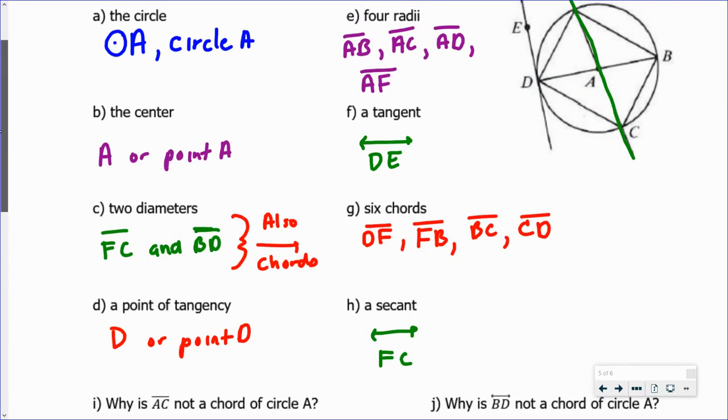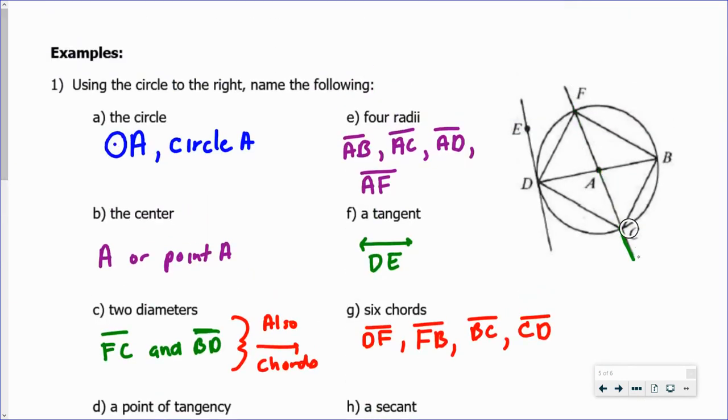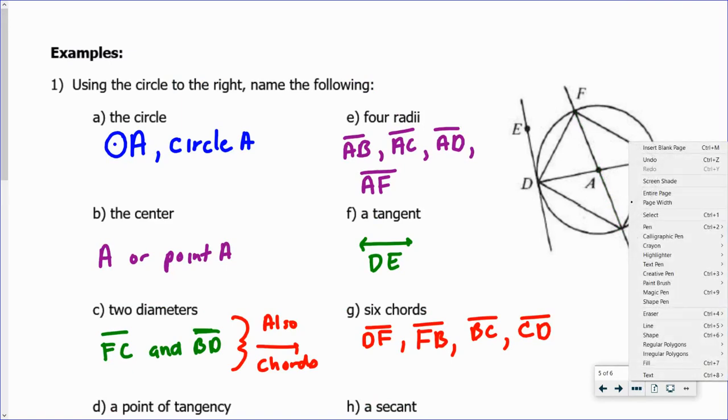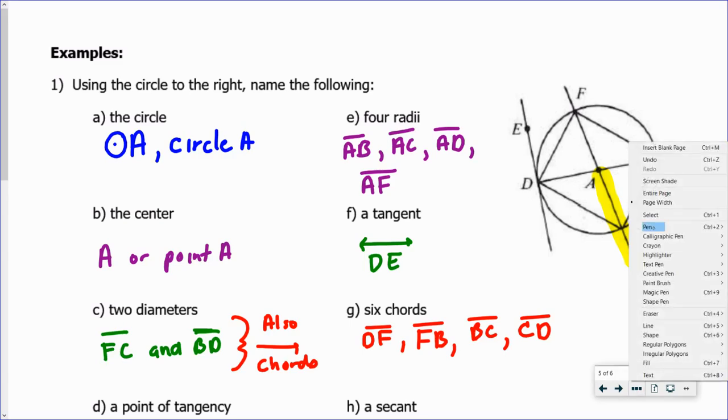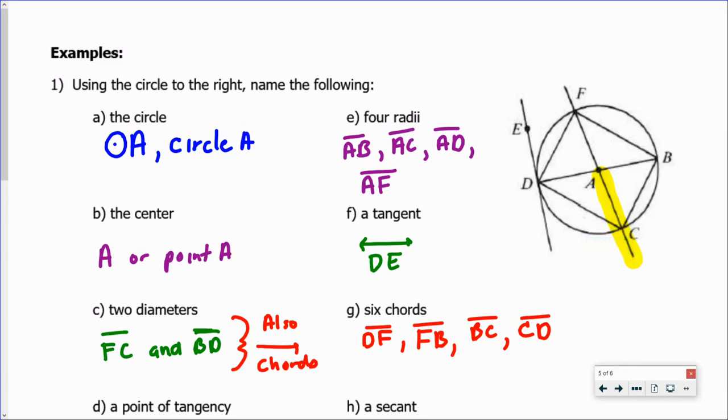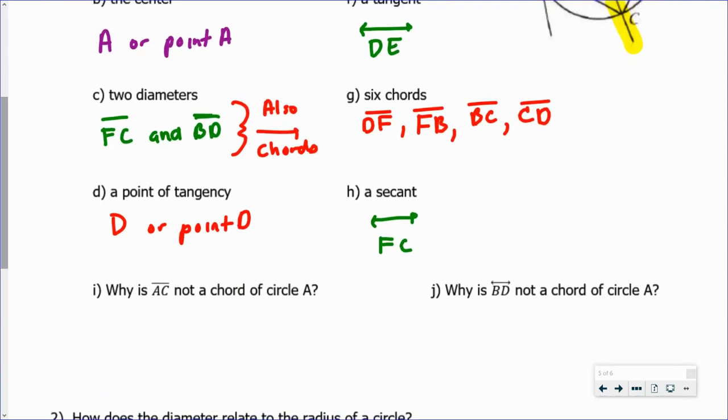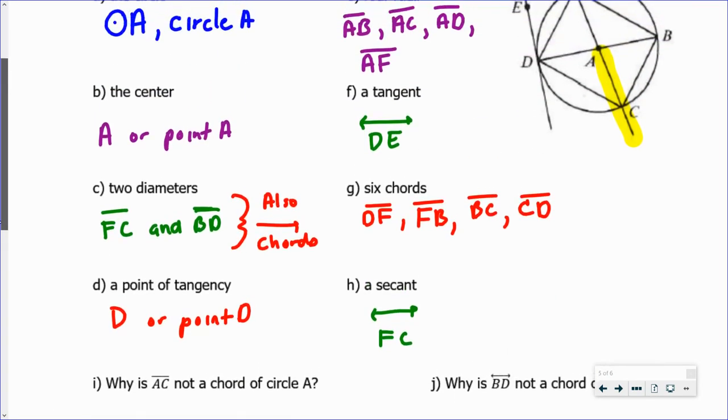Let me highlight AC real quick. Okay, so why is AC not a chord? Well, the answer lies in something that we've talked about already. Remember, a chord has to have 2 endpoints on the circle, and in this case, AC only has 1 endpoint on the circle.